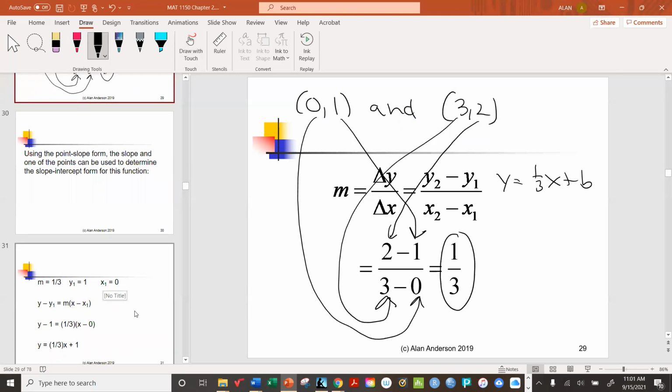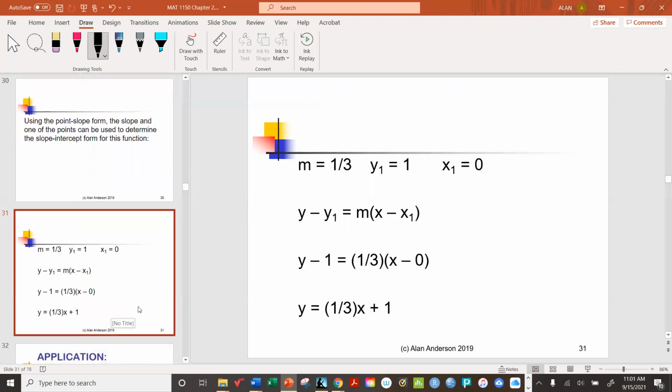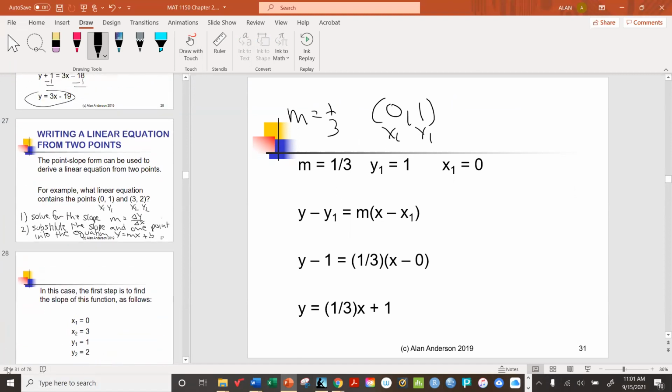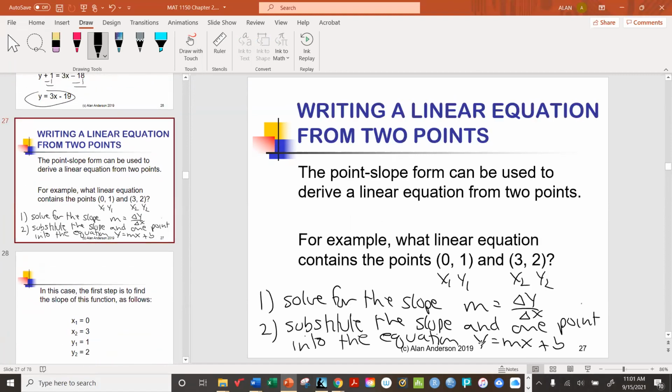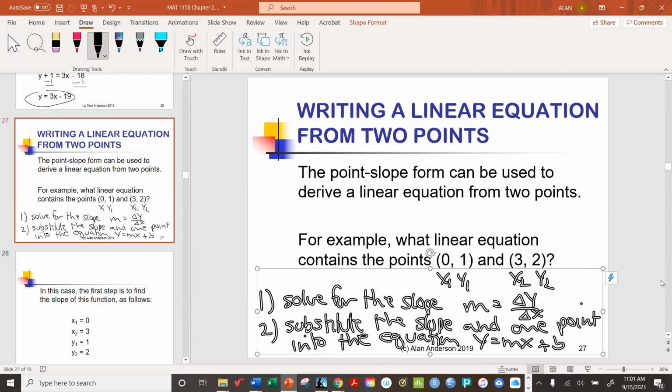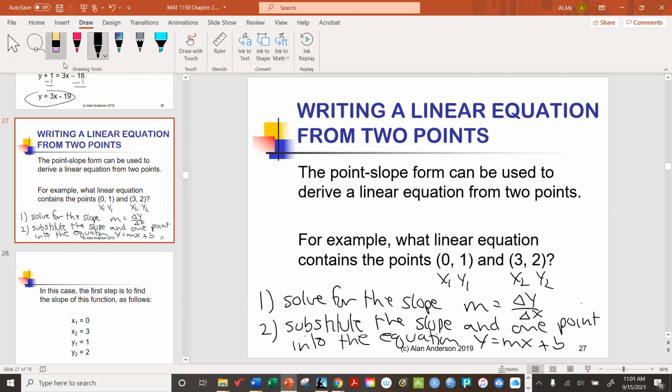So in the slides, I've chosen the point 0, 1. Oh, I was right the first time. What am I doing here? Oh, sorry. I had it the first time. You're plugging it into the point slope form. Okay, let's try that again.